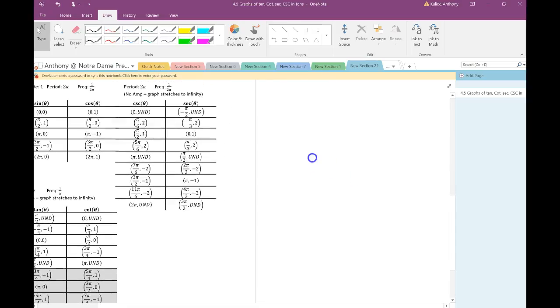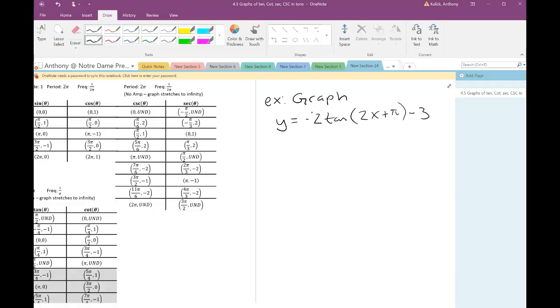Okay. So let's say that, for example, we're asked to graph y equals -2 times tangent of 2x plus pi, minus 3.